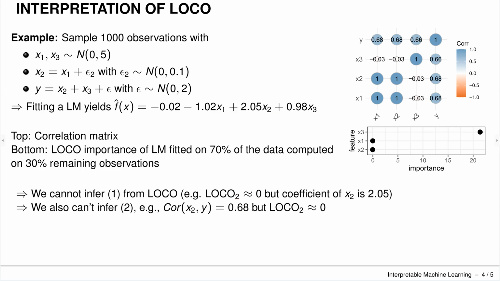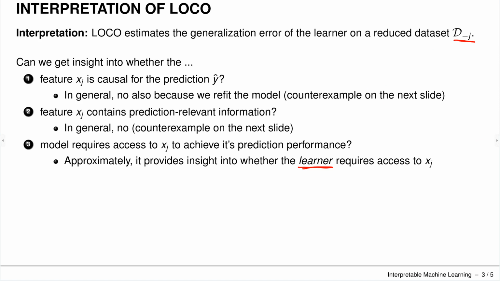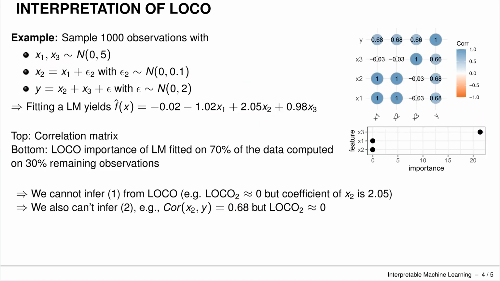We also cannot infer 2. 2 was the feature contains prediction relevant information, because the correlation with x2 is about 0.68. So that's this value here. And also we see that in the true data generating process, x2 is important. But it's not detected by LOCO because LOCO is again 0.